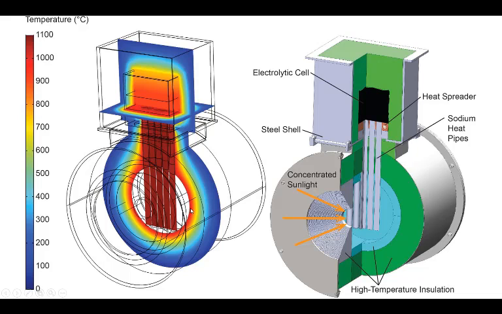This is called temperature profiles. Blue indicates locations where the temperature was close to 200 C or less, and red indicates temperatures in excess of 1000 C. You can see the heat pipes are operating at over 1000 degrees C and are relatively isothermal, moving energy from the concentrated solar receiver section up to the electrolytic cell.